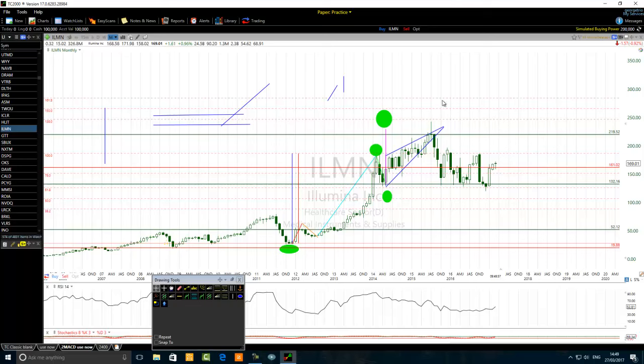I'll share with you again just now how we use the 61.8% of the price action from the first to the end of the third wave, and also the equality between the first and the fifth wave. There are other ways one can forecast the fifth wave.